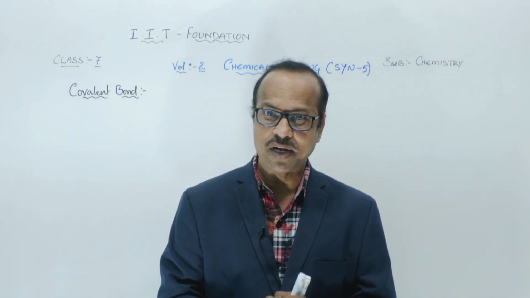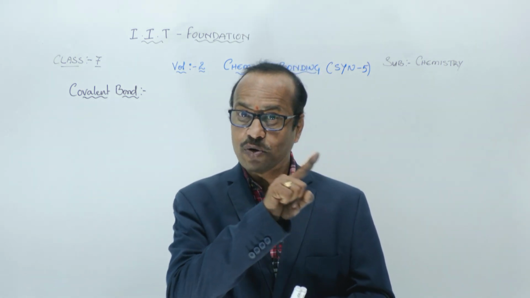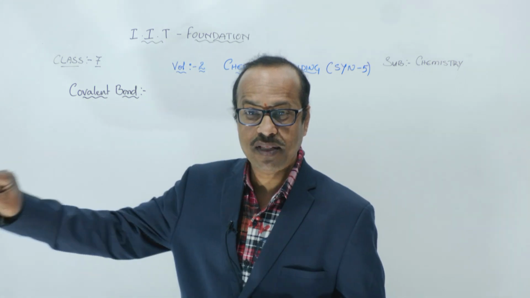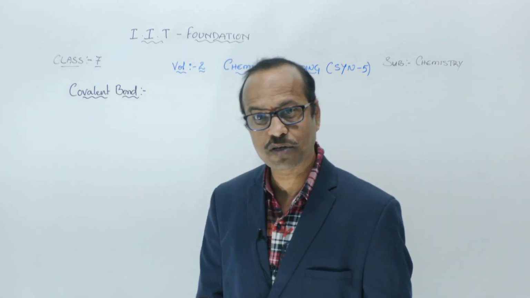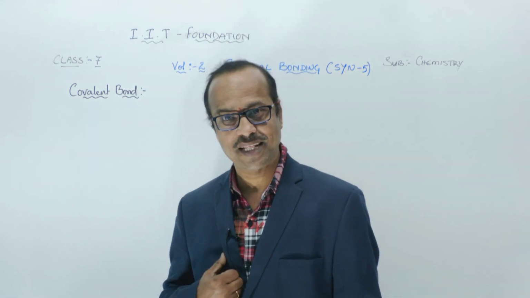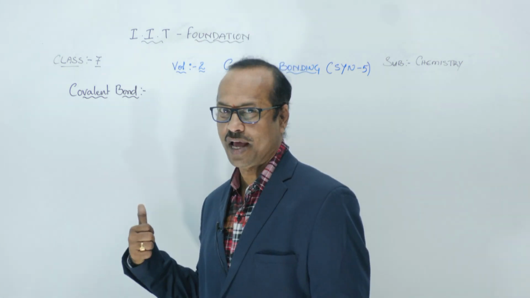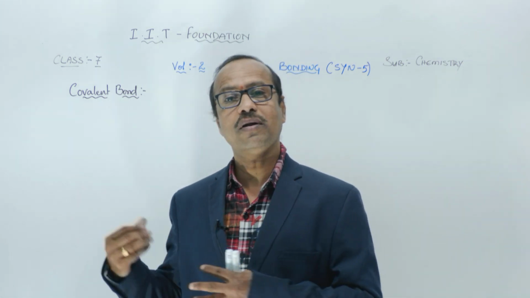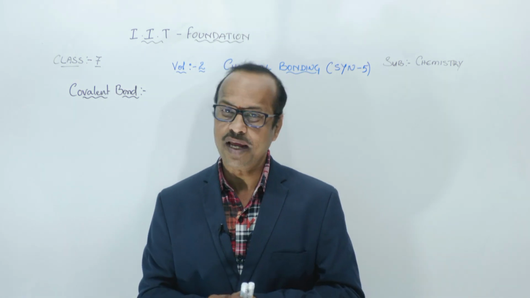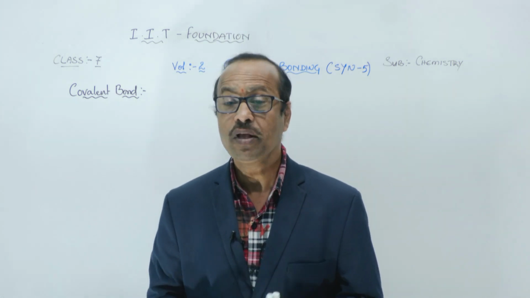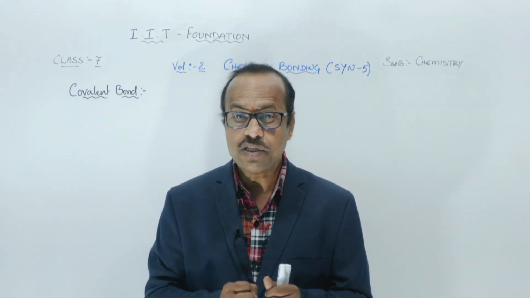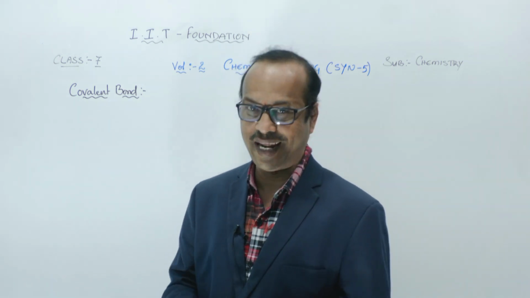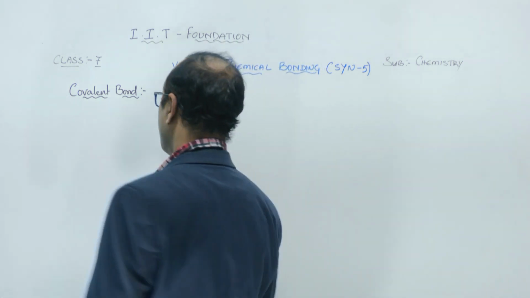In the ionic bond, electrons are transferred: metal atoms give the electrons and non-metal atoms take them. But here this will not happen, because both are electronegative elements. Only non-metals are electronegative in nature generally. So here the bond is formed by the sharing of electrons.